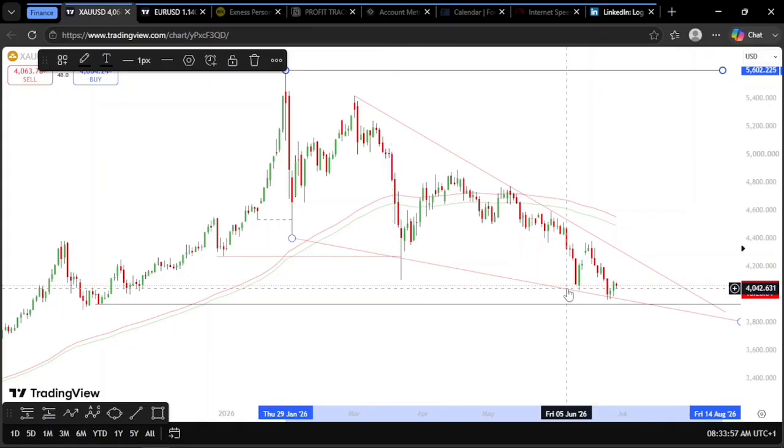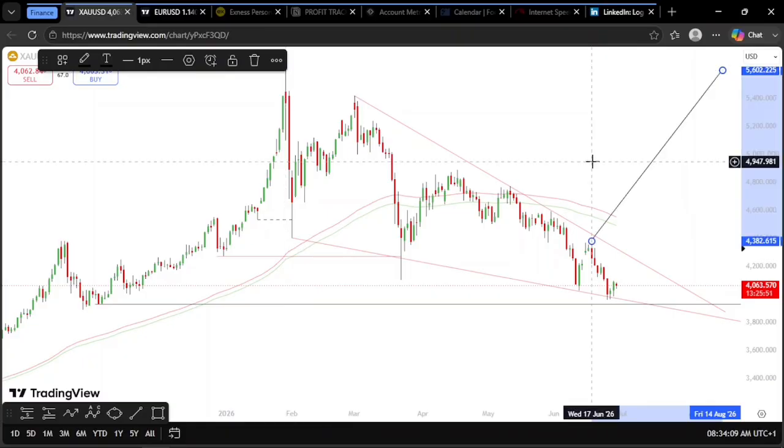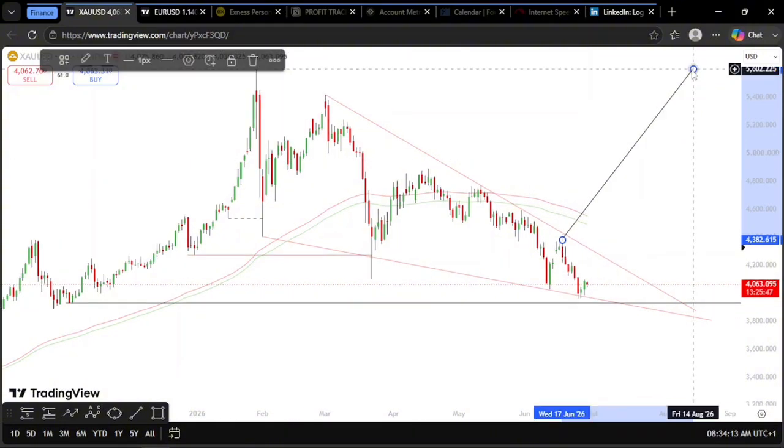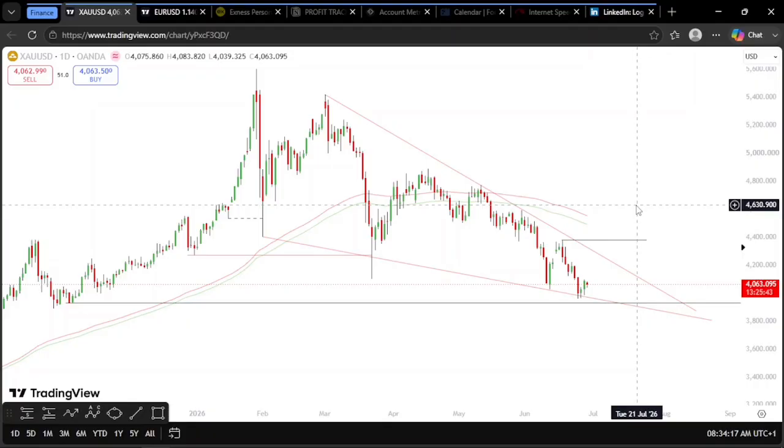After that, we had another structure range, as you can see, a lower high, then a lower low, which means our structure range on the daily time frame is this.